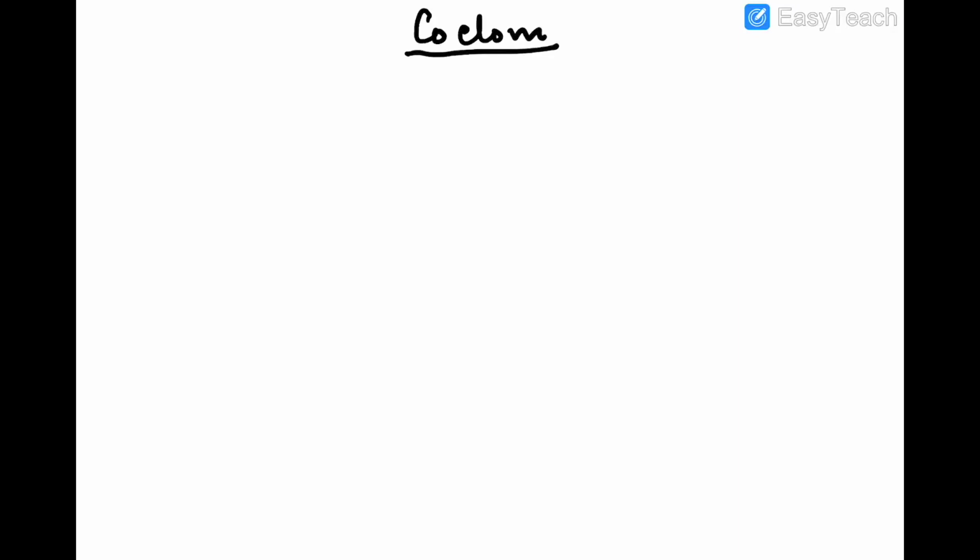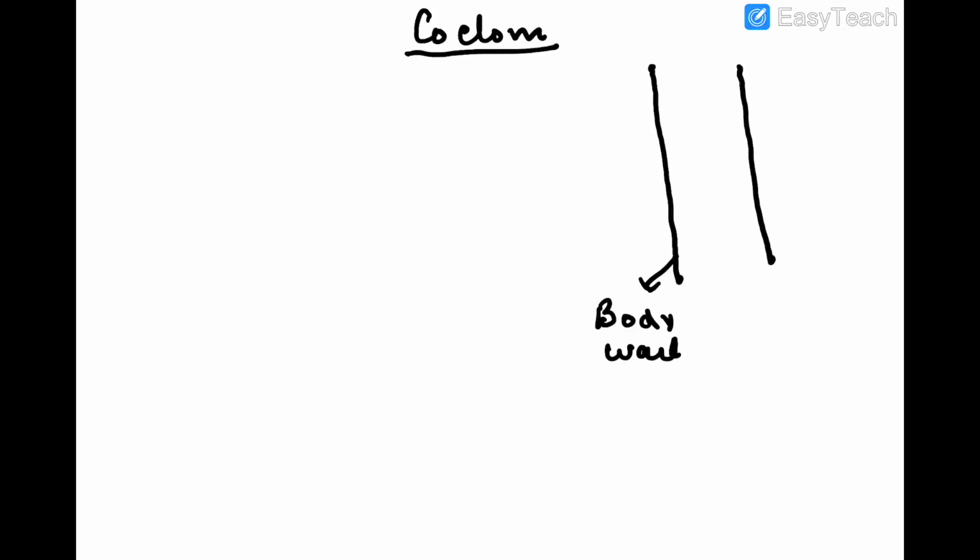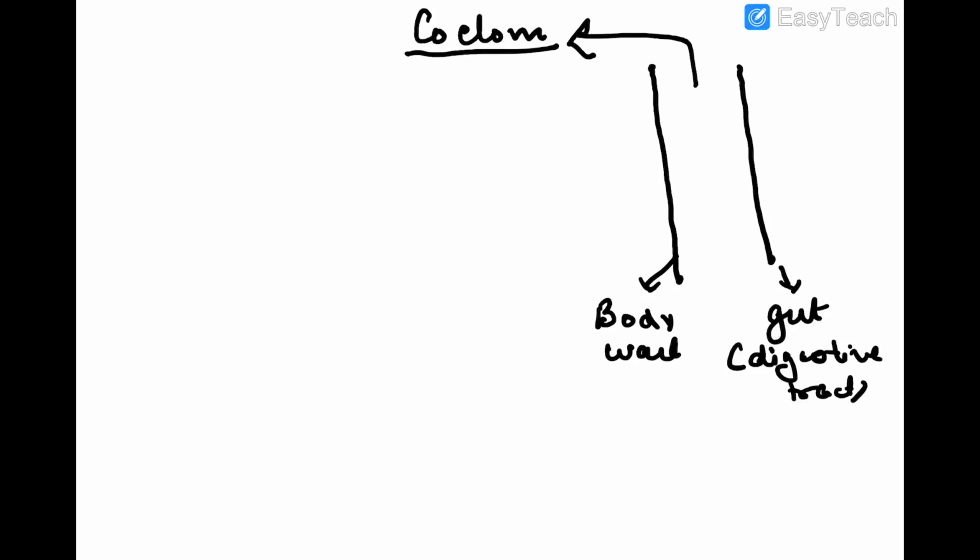Now let us start next basis of classification, that is coelom. Coelom is a cavity between the body wall and the gut. Gut means digestive tract. So this cavity between body wall and the gut wall is known as coelom. In some organisms, the cavity between the body wall and the gut wall is absent.